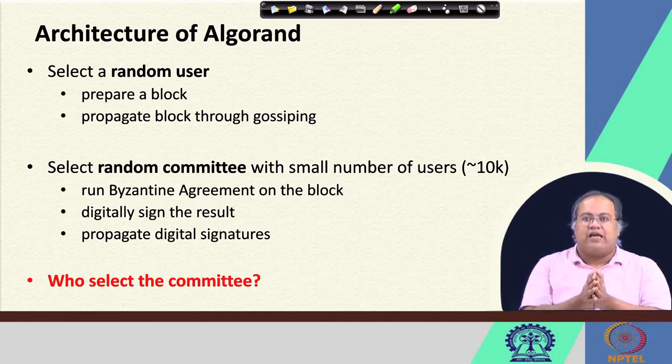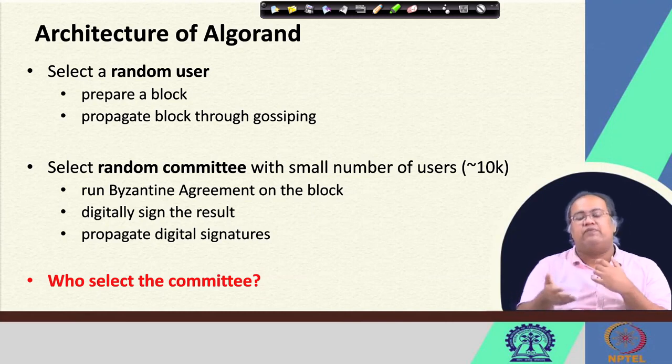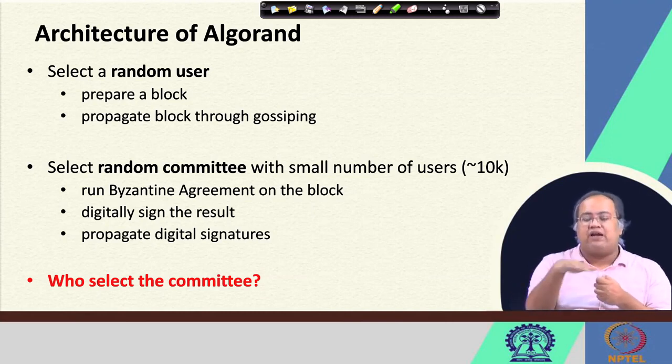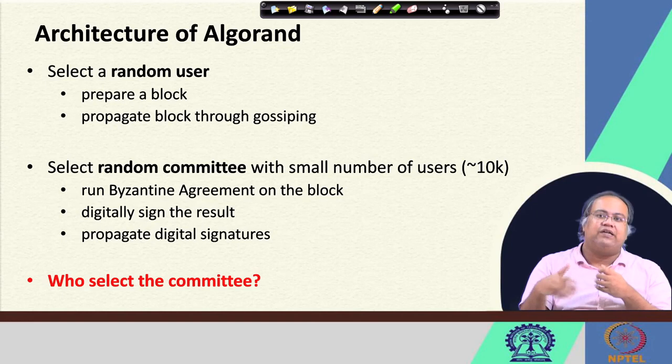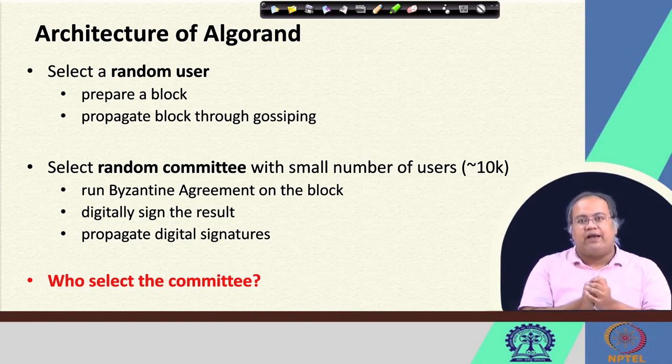As you understand, it is very low. Even if you are getting selected, you are proposing a new block, but that new block is getting validated by a random committee, and it will be difficult for you to ensure or to manage or to collude majority of the participants of that committee. Unless you are able to collude majority of the participants of that committee, it is not going to support your block.